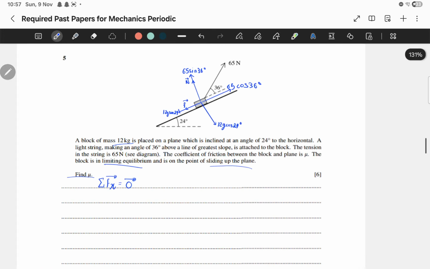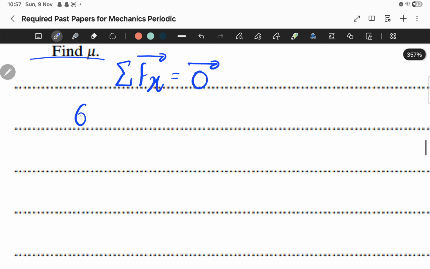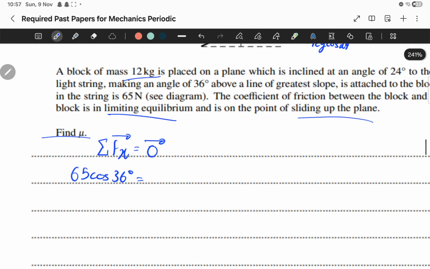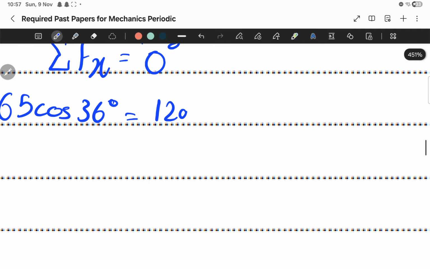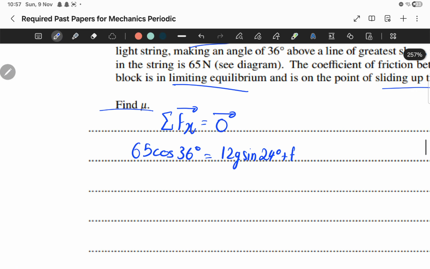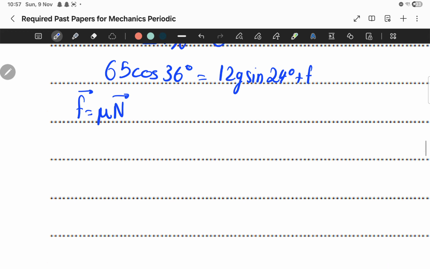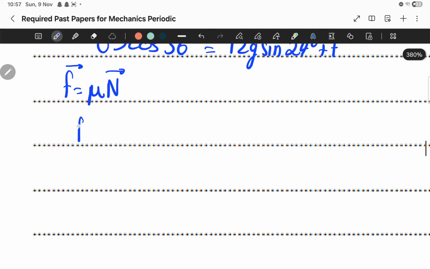So 65 cosine 36 degrees is equal to 12g sine 24 degrees plus f. Okay, now f equals mu n. Now, to find n, sigma Fy is equal to 0.